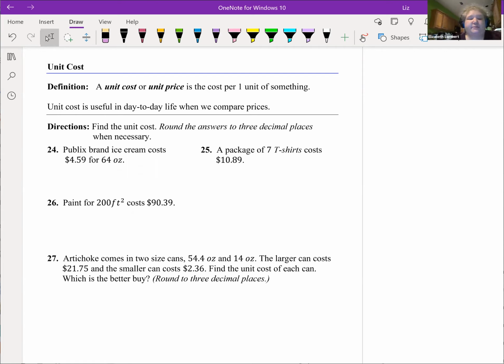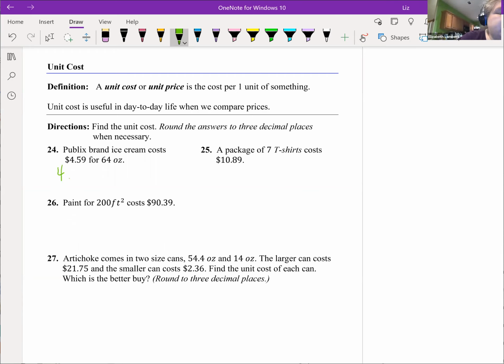All right. So Publix, that is a grocery store in other parts of the country where they don't have HEB. Feel bad for them. Brand ice cream costs $4.59 for 64 ounces. So we want to figure out how much 1 ounce is. Yeah, because we can totally buy 1 ounce of ice cream.